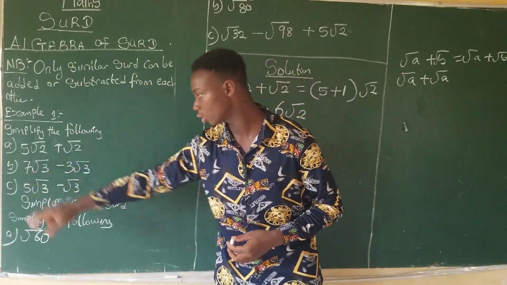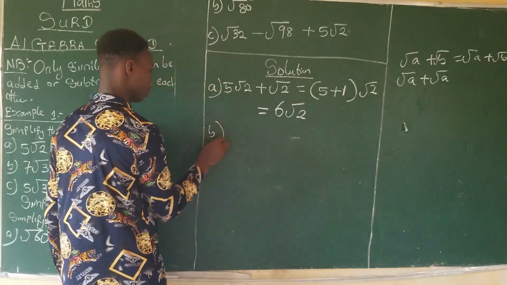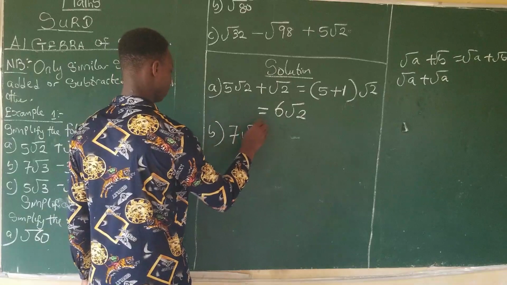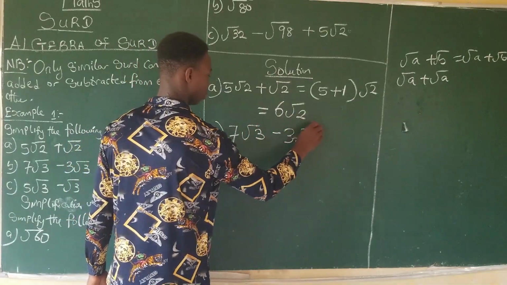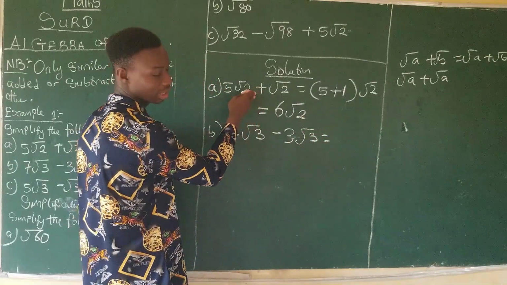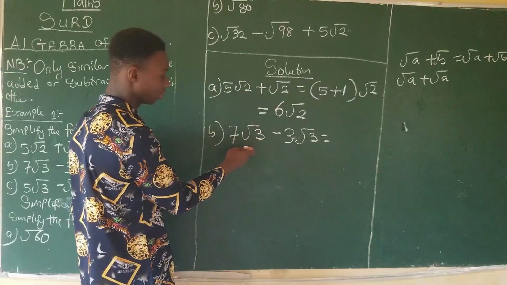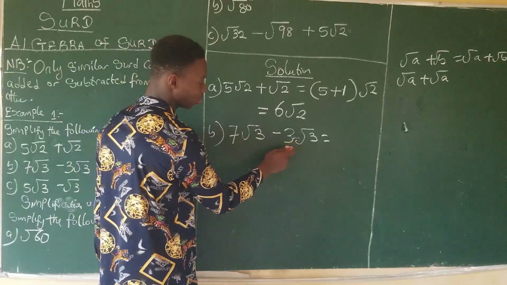So we have our question 2, question B, given as 7 root 3 minus 3 root 3. What we did here is the same thing that is going to repeat here. We have 7 before the root, and 3 before the root.